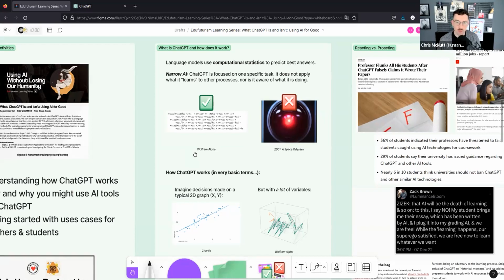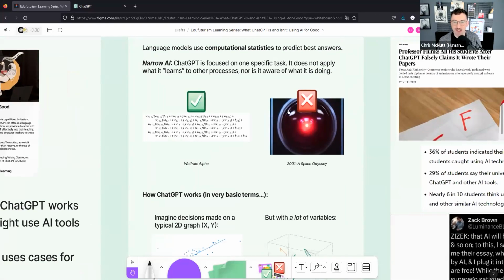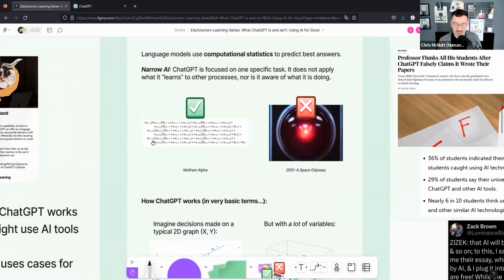And I think it's worth going through with kids as well, what this thing is, because there's been almost a panic that ChatGPT is going to develop into some form of sentient AI. We've heard it described as like the 2001: A Space Odyssey HAL style artificial intelligence. And that's not what ChatGPT is. So a little bit about how it works.